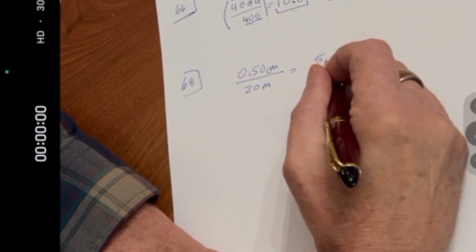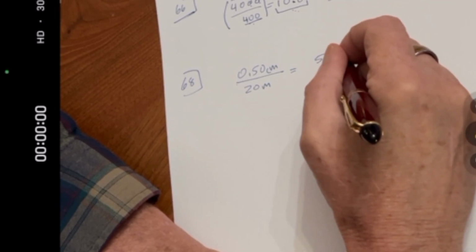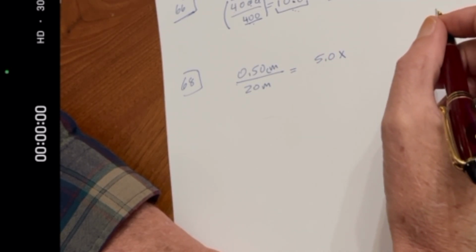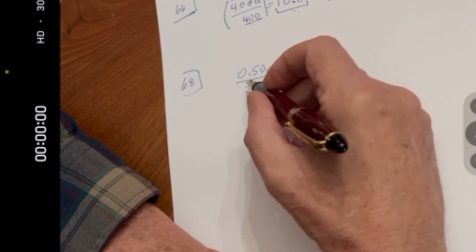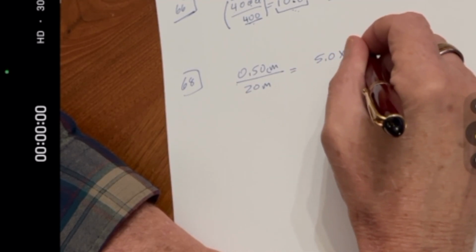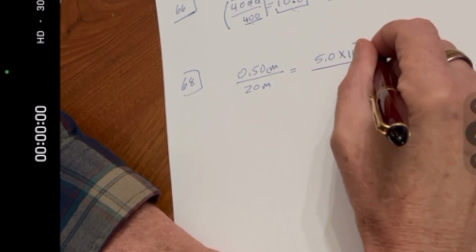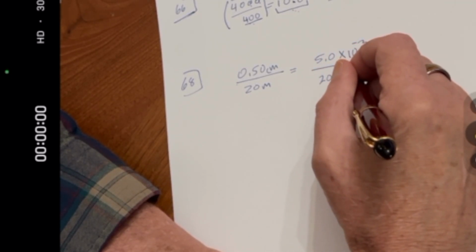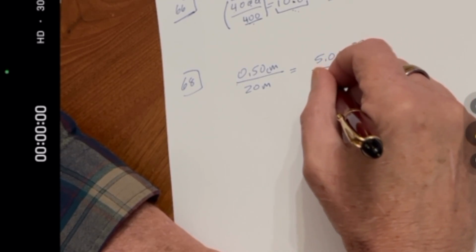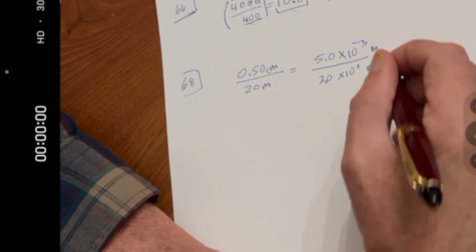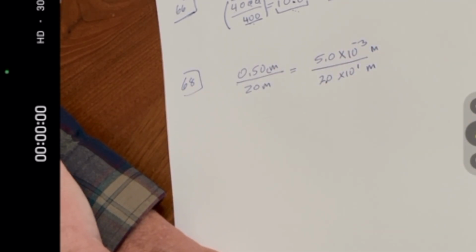So this is going to be 5 times 10 to the what? Well, centimeters are 10 to the negative 2, but that's not a full centimeter, it's 1/2 centimeter, so 10 to the negative 3 meters over 20 meters. Actually 2 times 10 to the 1 meters. Okay, so that's our correct scientific notation.